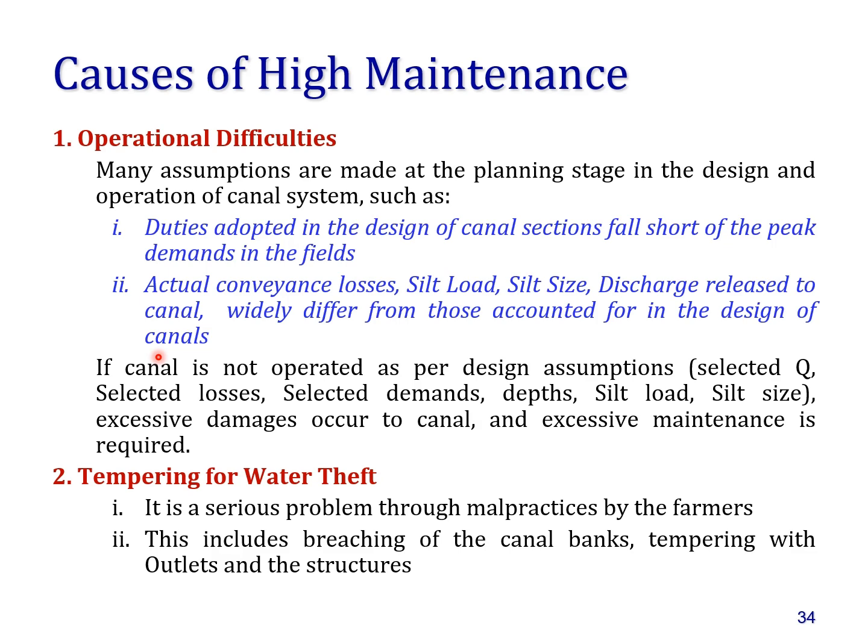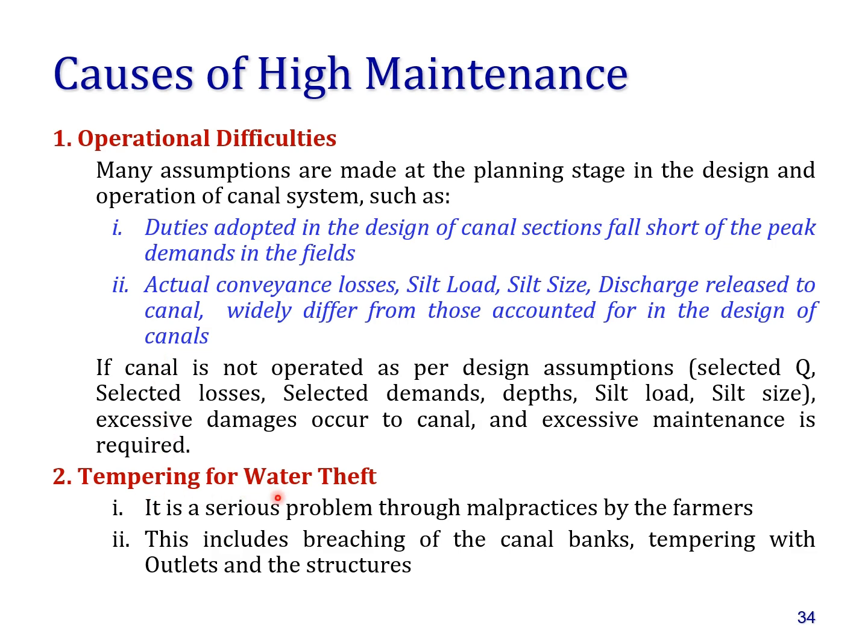That difference will change how the canal behaves when the water runs through it, and that difference in behavior can cause damage to the canal lining, the structure and the cross section, and that will cause higher maintenance. So operational difficulties cause high maintenance.